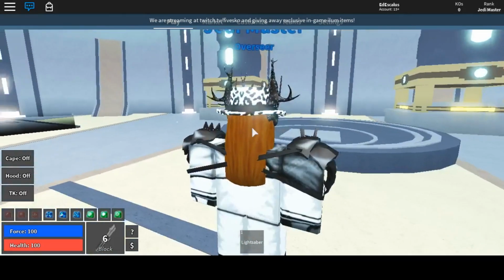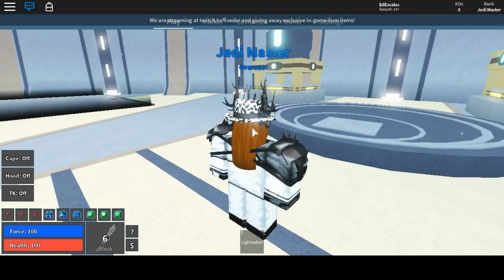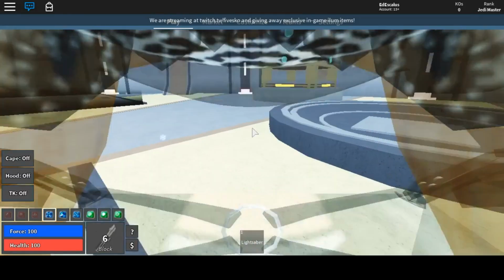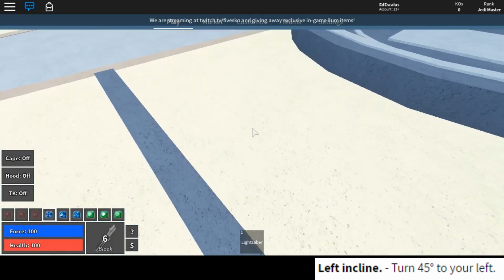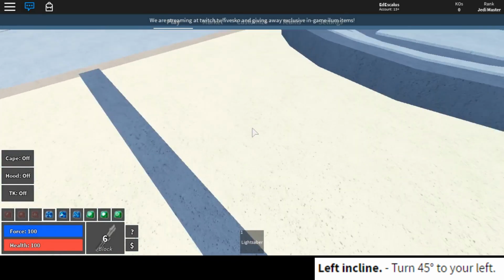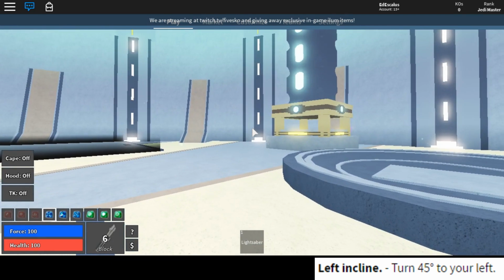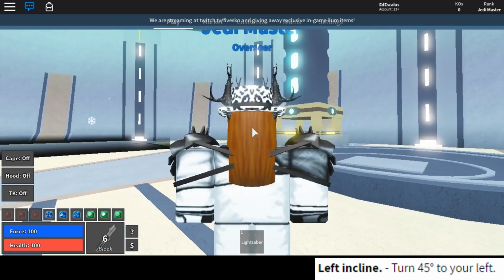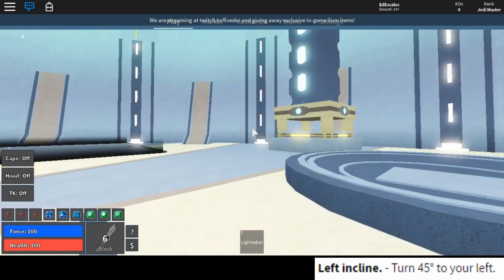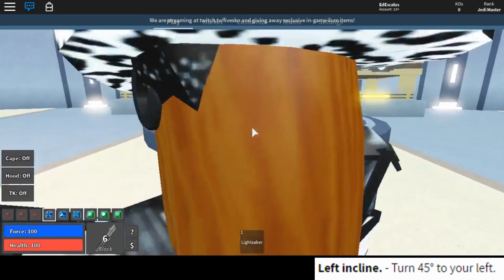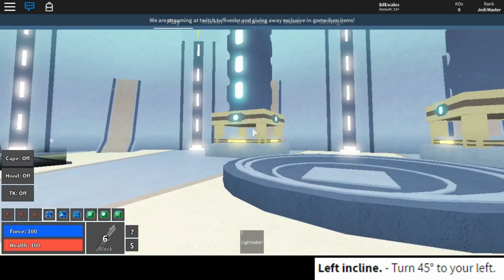Left incline: you turn left 45 degrees. It's the middle half between center face and left face, so it's 45 degrees, not 90. It's the same as right face and left face.